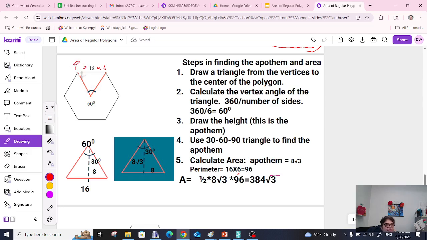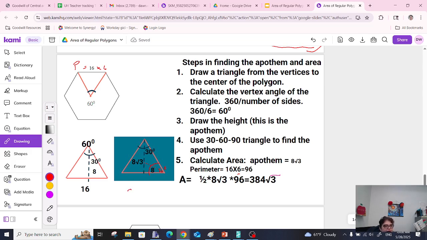Once you have perimeter and we have apothem, because if the side opposite 30 is 8, and this is 60 degrees here, then the side opposite would be 8 square root 3 based upon special triangles, right?